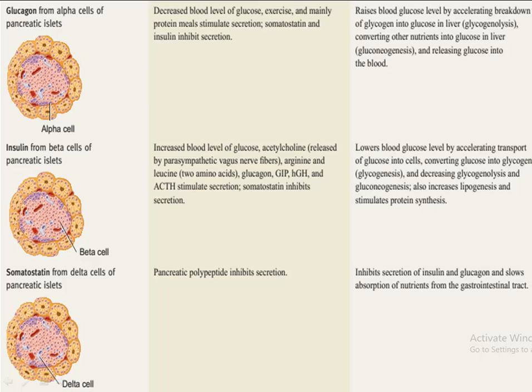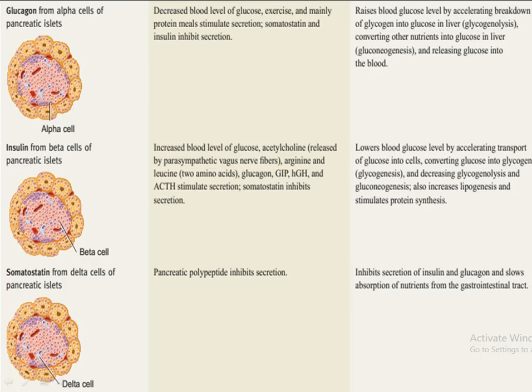Now the physiology, that is the functions: it lowers the blood glucose level by accelerating transport of glucose into cells, converting glucose into glycogen. Now glucose will get converted into glycogen, and the process is called glycogenesis.